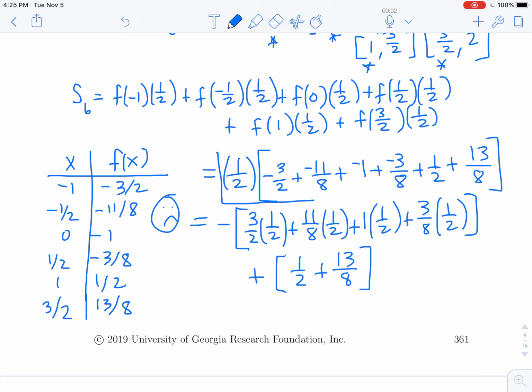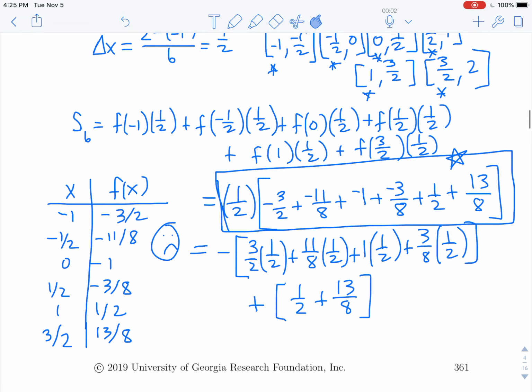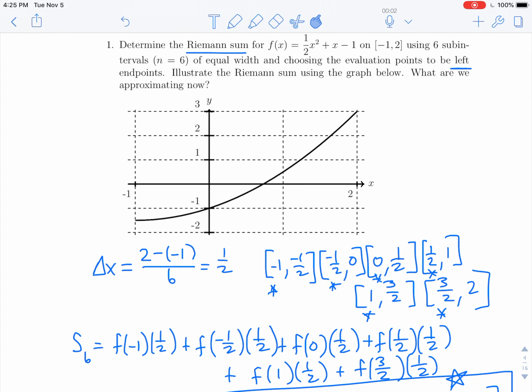For purposes of calculating the Riemann sum, I would absolutely stop here. But the reason that I kept going is to write this in a particular way so that we can compare with the picture. So let's go up to the picture. So let's mark our subintervals. Okay, and then we're supposed to be using left endpoints.